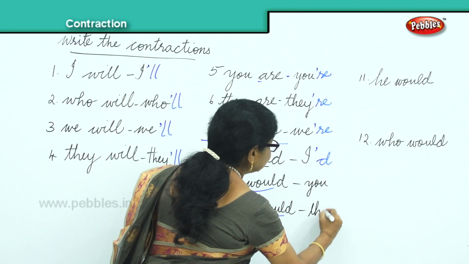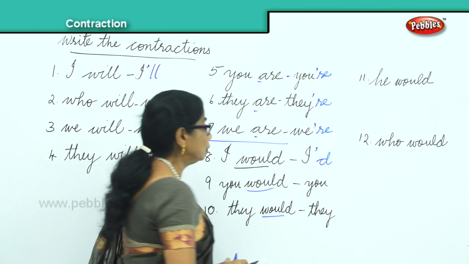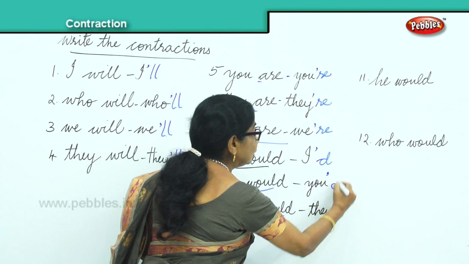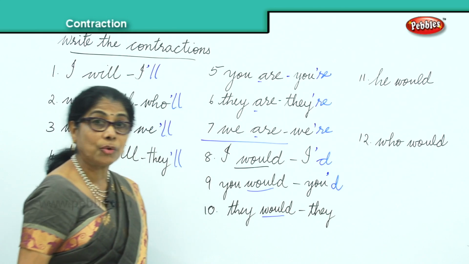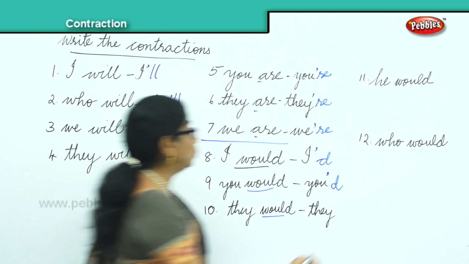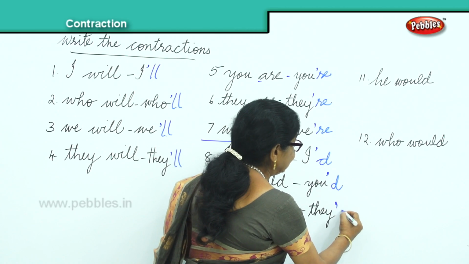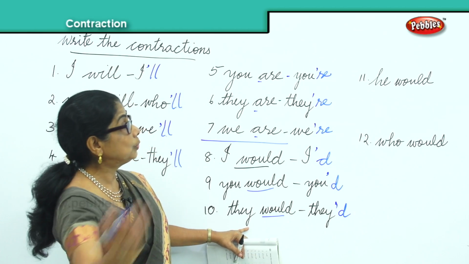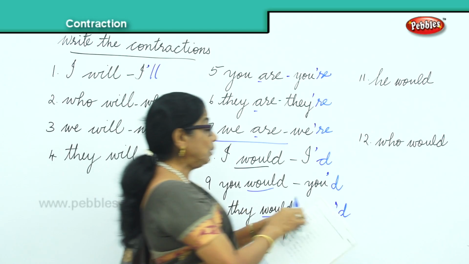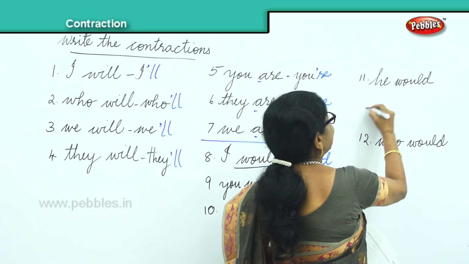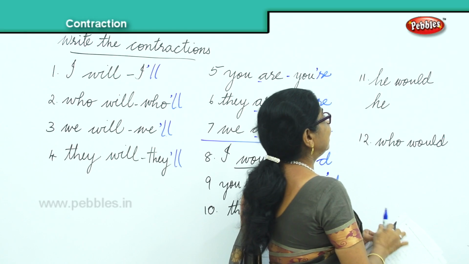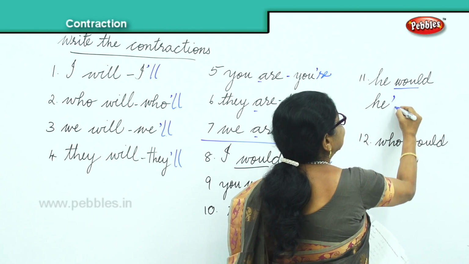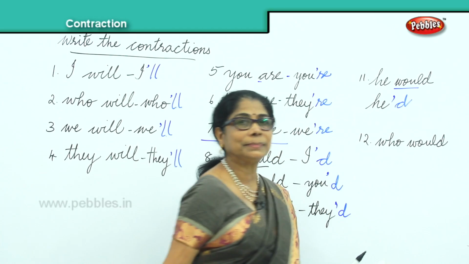They would: they'd. You'd be there on time, won't you? Next one, he would: he, apostrophe, D. Remember, you have to take away this and just write he'd.